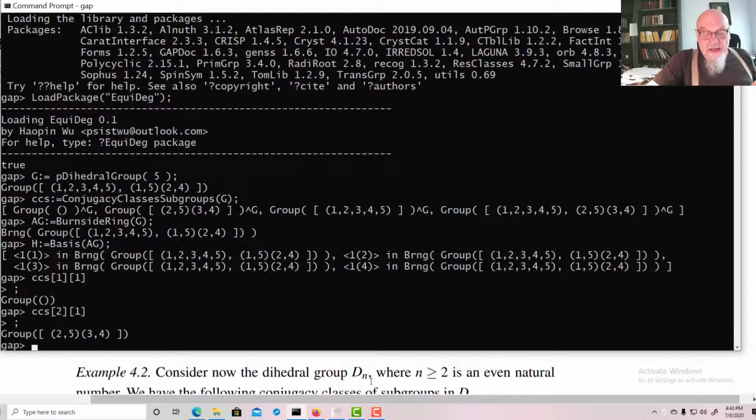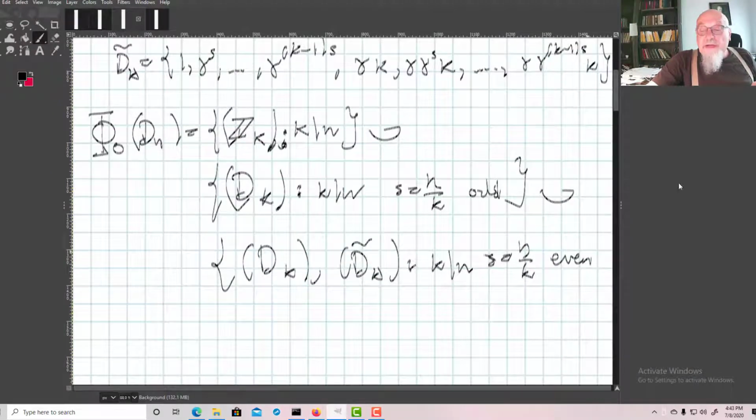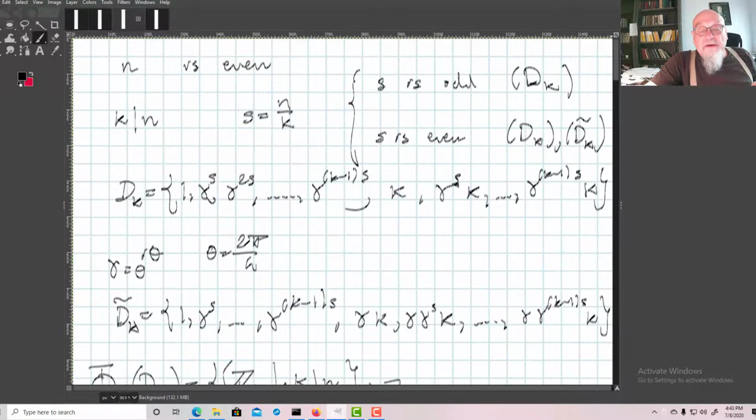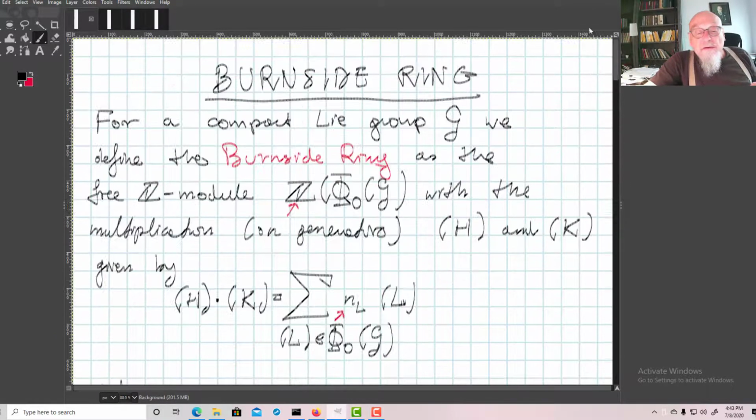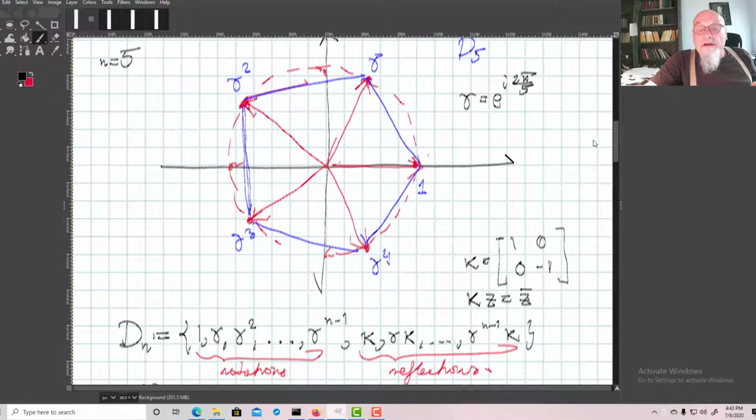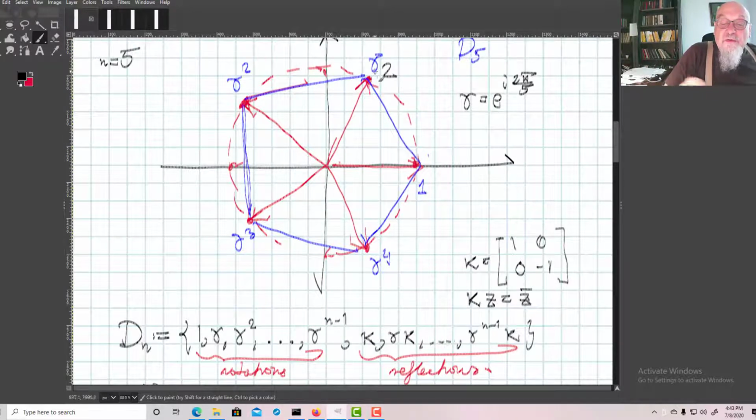So if you look back at our picture of the pentagon, let me go to the pentagon. Where is my pentagon? Oh, here. So this is my 1, this will be my 2, the vertex 2, this is my 3, this is my 4, this is my 5.